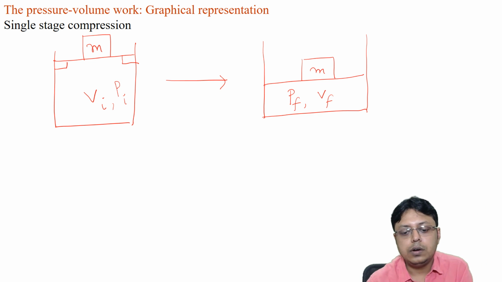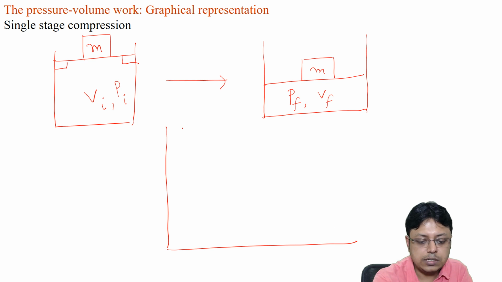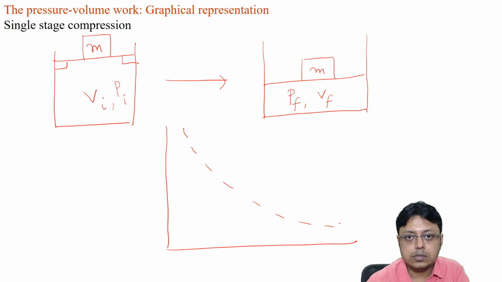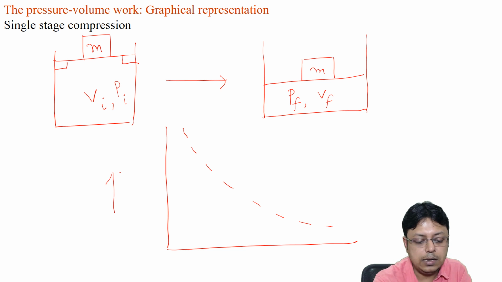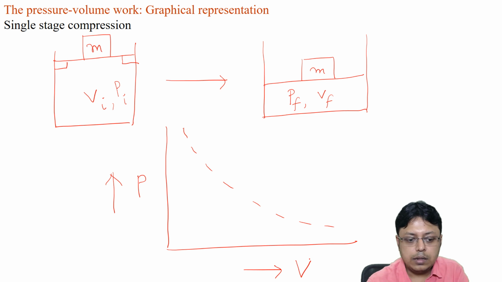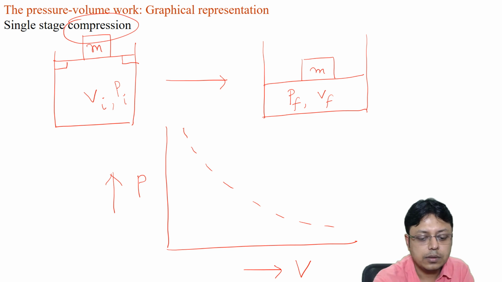Now how will you represent this entire situation on a PV isotherm? So just as before, let us consider this isotherm that the gas follows, because the gas we chose is an ideal gas. This is a pressure versus volume curve for a fixed temperature. Now here, think about it, the initial volume was higher because we are talking about compression.